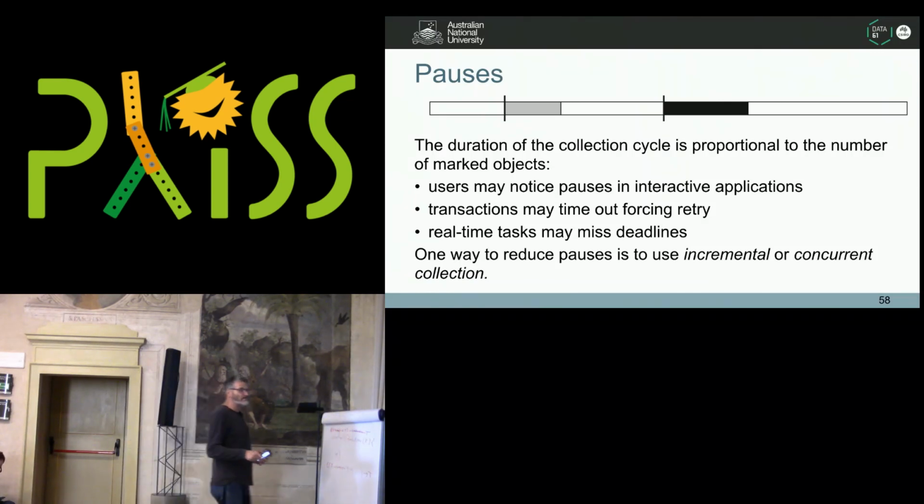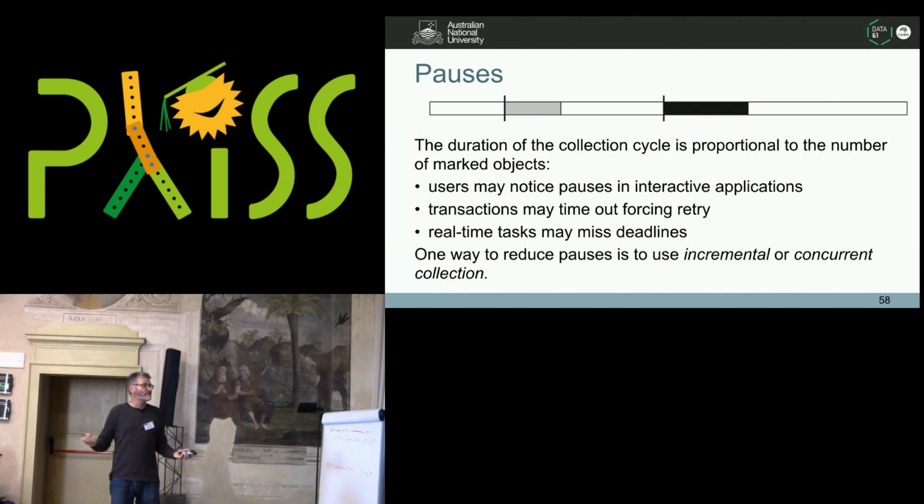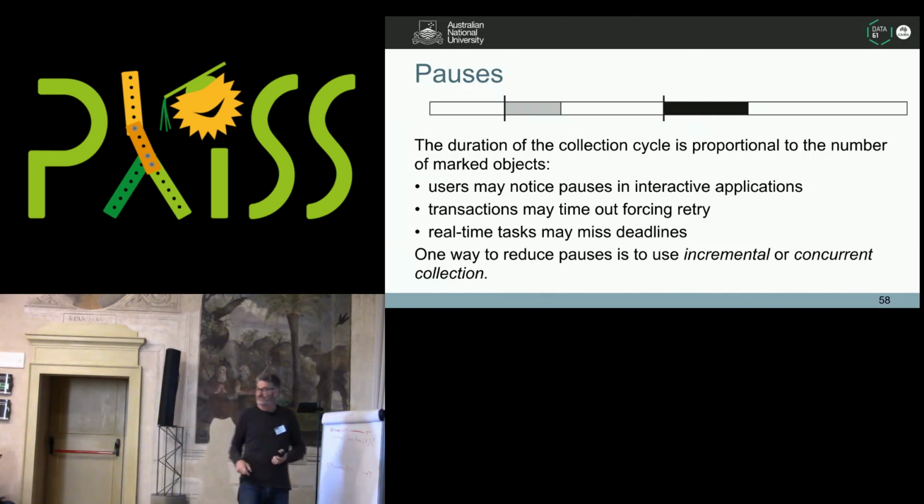This means that users might see pauses in interactive applications, or that you might have a transaction server that has transactions that time out because of the length of time for the garbage collection. That means that you have a bunch of retries in transaction execution. Or you might have real-time tasks that miss deadlines because the time between this point and the end of the collection cycle is too long.